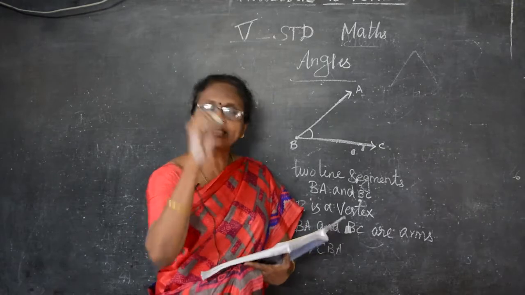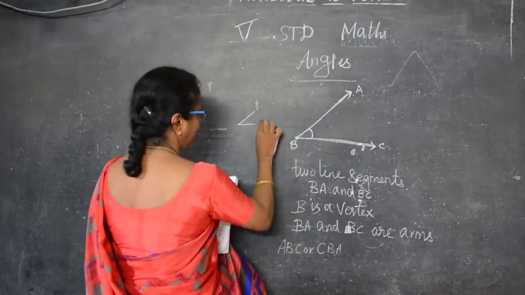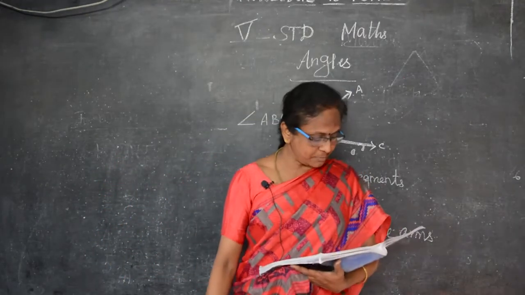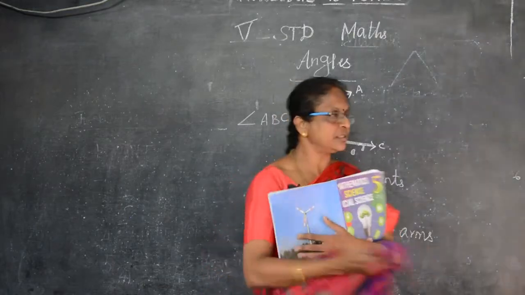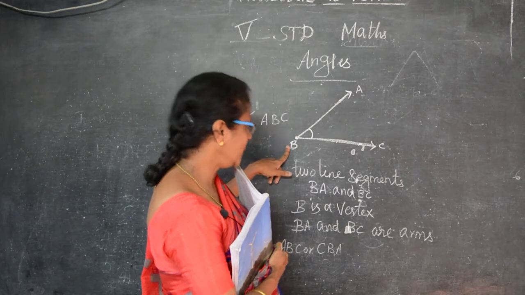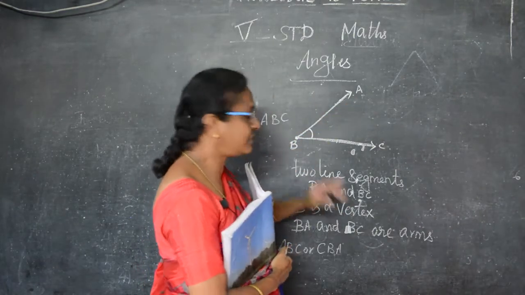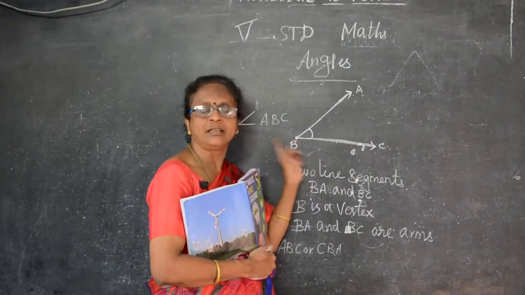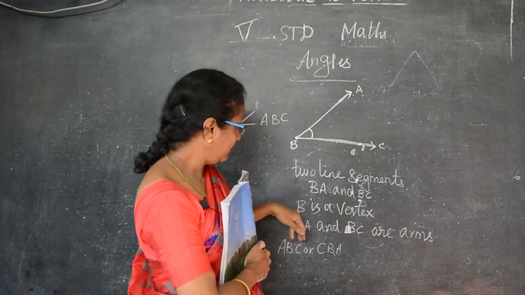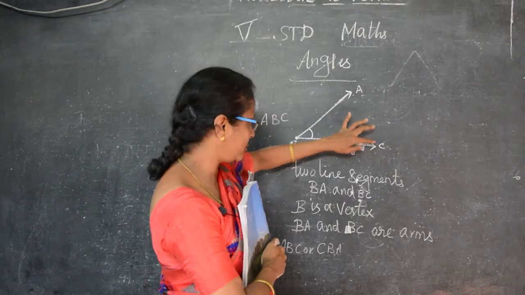So how can you put the symbol for the angle? Just we can put the symbol like this. So angle ABC. Can you understand, children? This is the angle ABC and B is the vertex. Two line segments are BA and BC, starting from the vertex. And B is a vertex, the point, and BA and BC are also known as arms.